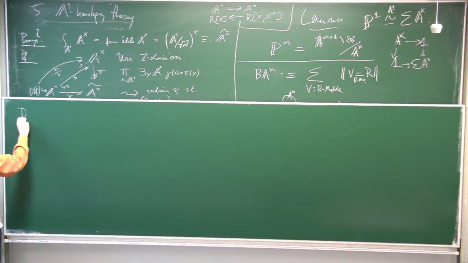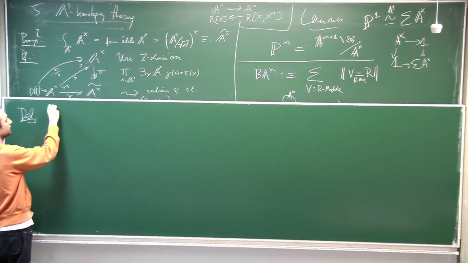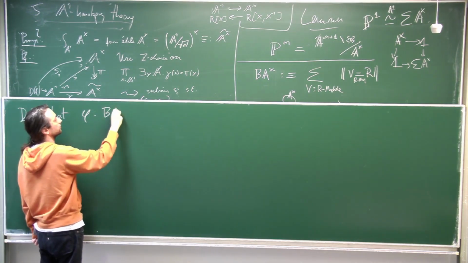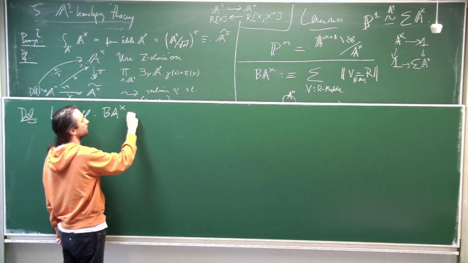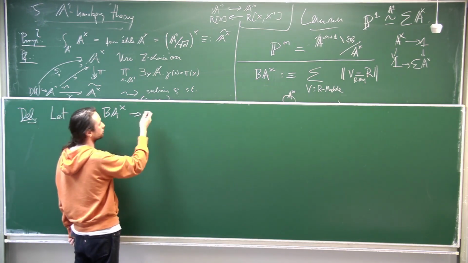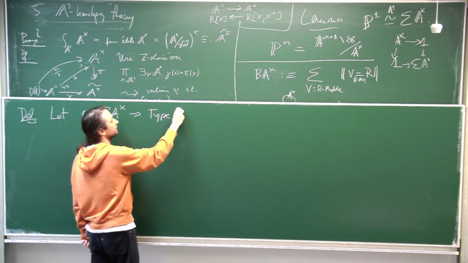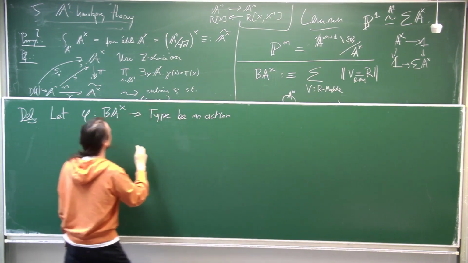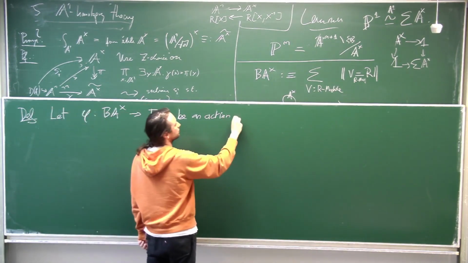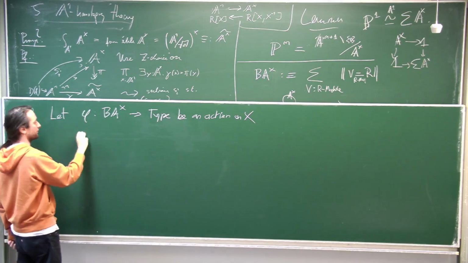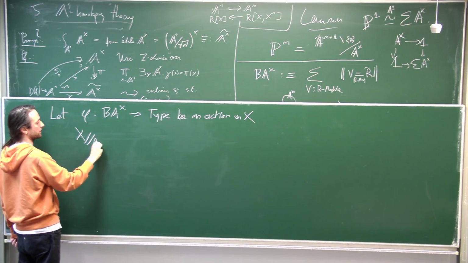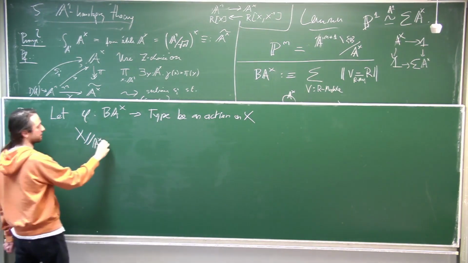One more definition. Let φ from A^× to type be an action on X. Then we define the homotopy quotient of X by the action. I will just write it this way where the action is implied.